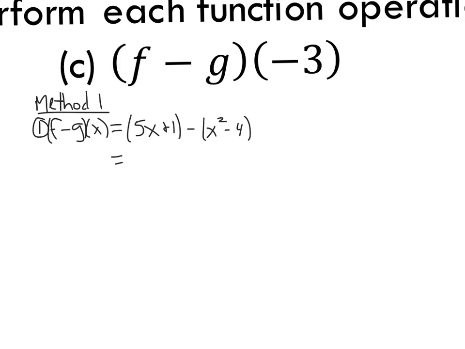So remember we want to distribute this negative through the second binomial and combine like terms. Negative x squared plus 4x plus 5. The second step is to plug in negative 3 for x.